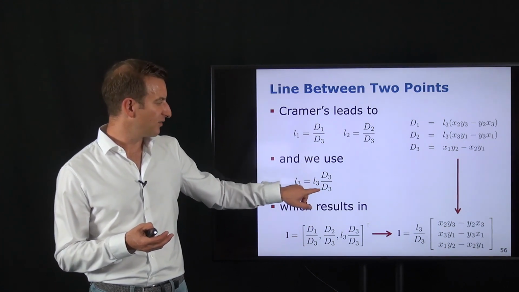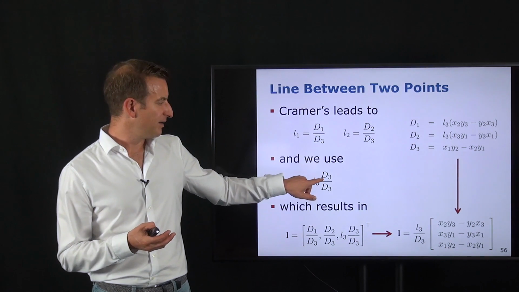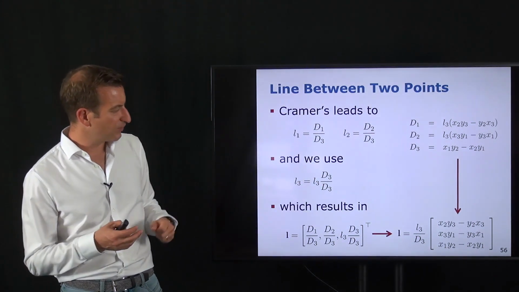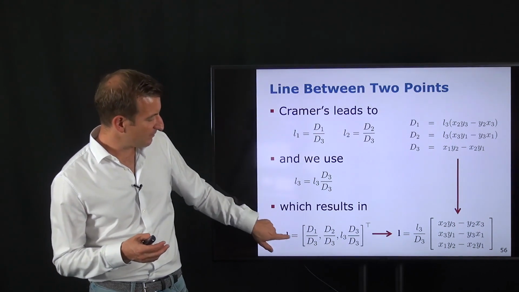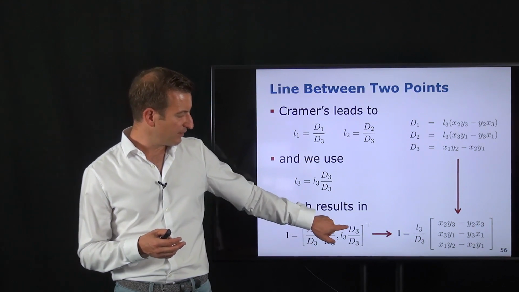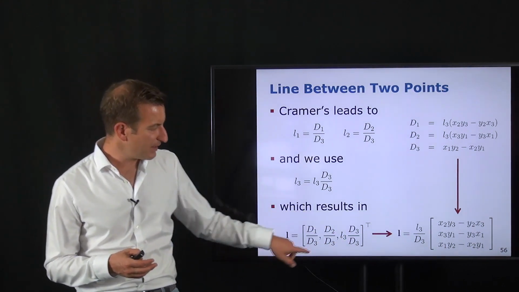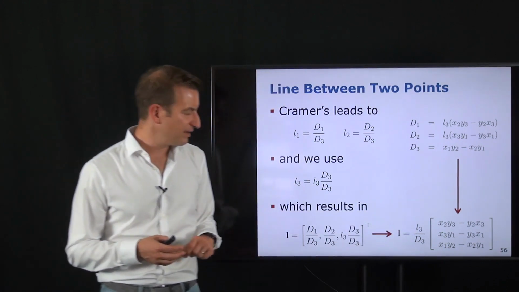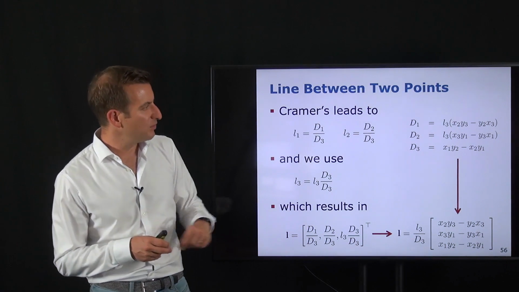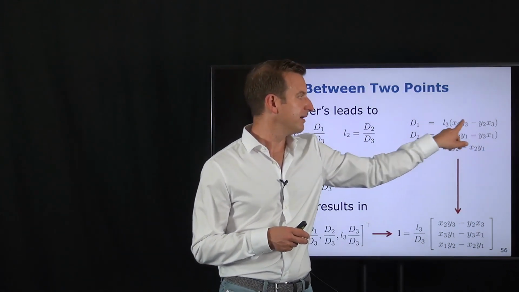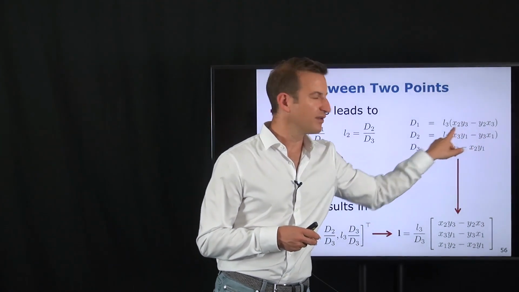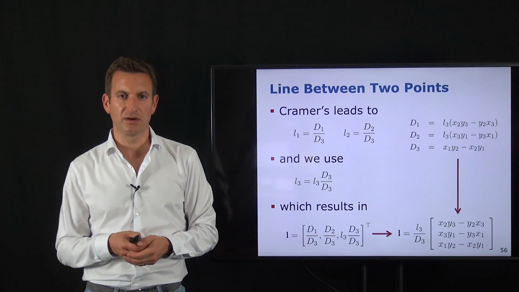I can say L3 equals L3 times d3 divided by d3, and then I use this for a small trick, because then I can write my line equation in this form: d1 divided by d3, d2 divided by d3, d3 divided by d3 times L3. So I can move L3 divided by d3 out of that equation, and I do this in order to simplify these terms d1 and d2 here, so that they turn into the result that corresponds to the first two dimensions of the cross product.